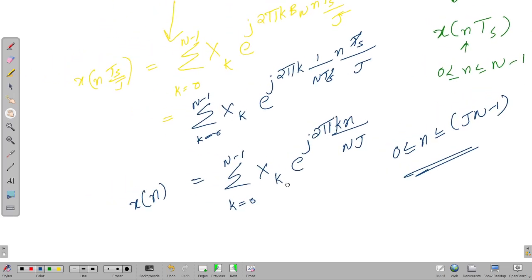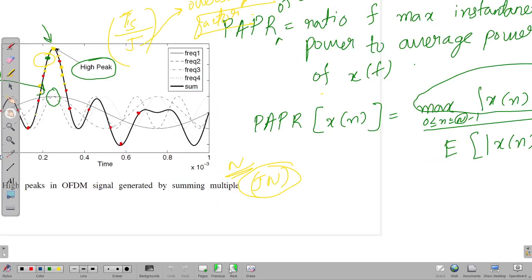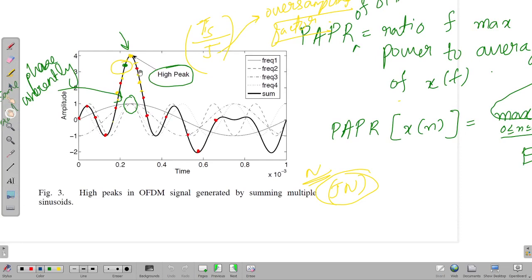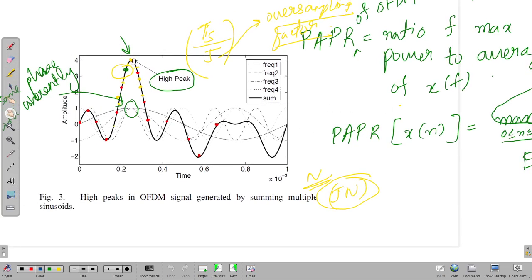So oversampling is a method which is used to have an accurate PAPR value. For an accurate PAPR value, you need to oversample the signal. And ideally, how much oversampling is required? If you want to get the correct idea of PAPR, this oversampling factor must be infinity, right?